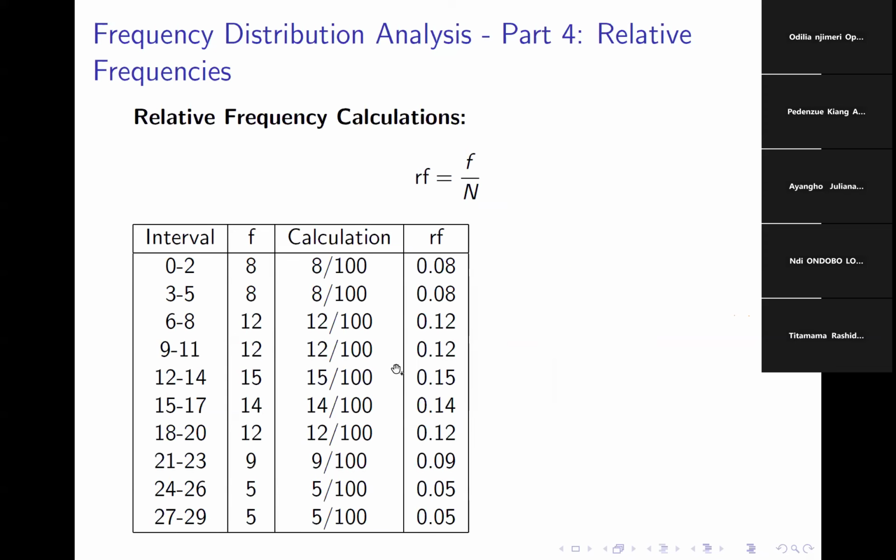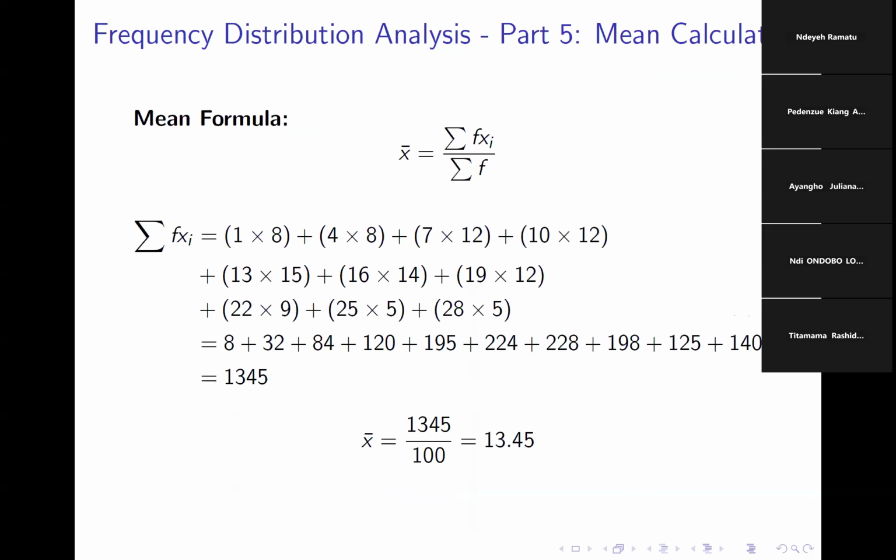Once you get those, you can again do the relative frequency calculations. These are the scores on 100, so the total was 100. And so the relative frequencies will be the corresponding frequencies here, which are the percentages. And you can use that then to calculate your mean.